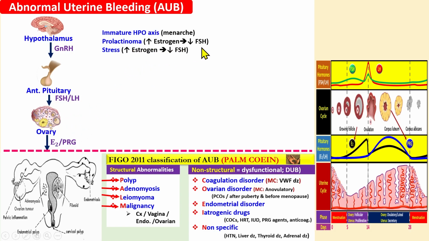FSH is important for follicular development. In stress conditions, there is a high level of estrogen but the FSH release is less, so it can also cause anovulation. These are different causes of anovulation associated with the HPO axis.